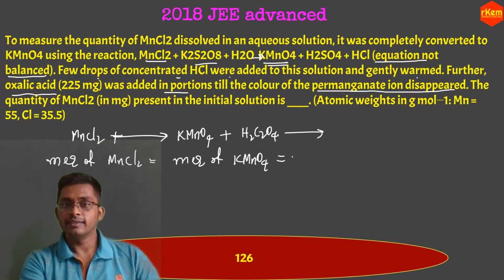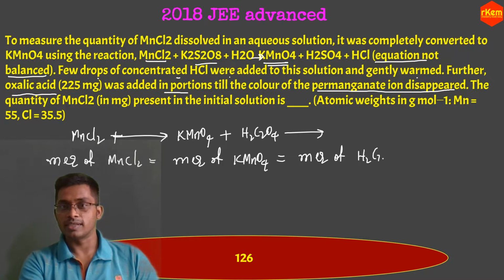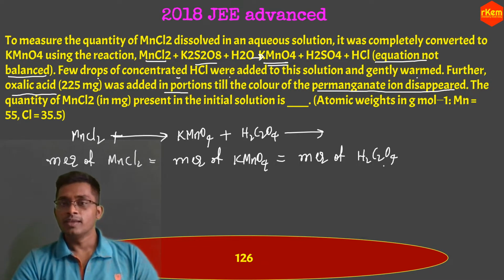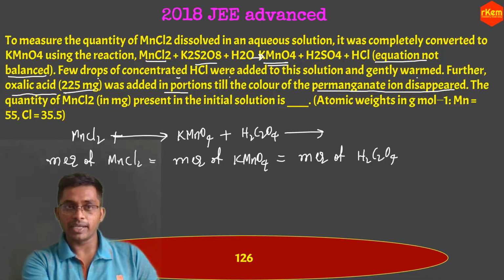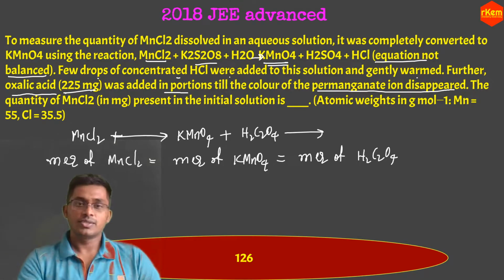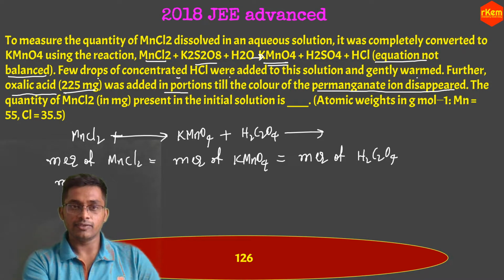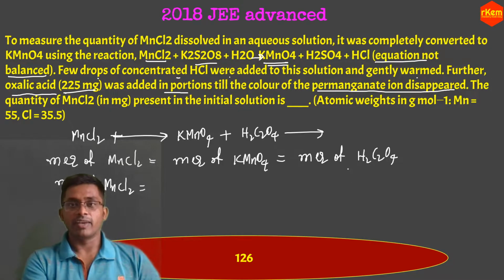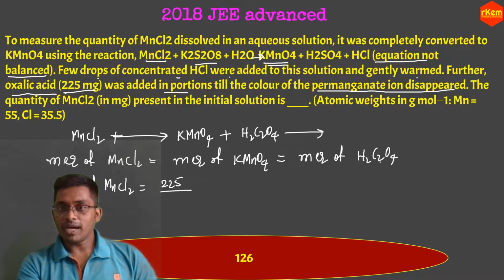KMnO4 is reacting, and that is equal to milliequivalents of H2C2O4. The only information given is 225 milligrams of oxalic acid. So directly we get milliequivalents of MnCl2. So mass by equivalent mass. So what is the mass? 225 milligrams. Now what is equivalent mass?